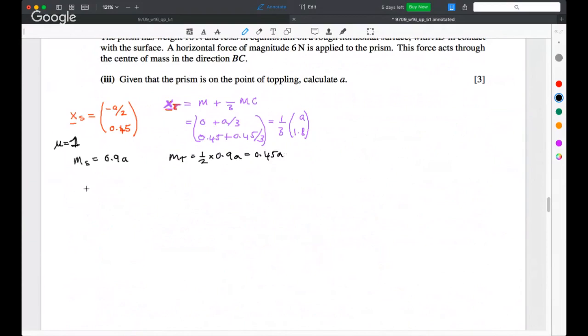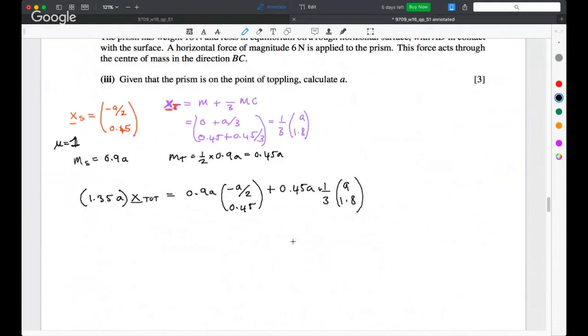And therefore we have the total mass, 0.9 plus 0.45, 1.35a, times the x coordinate of the center of mass of the whole object, which is going to be equal to 0.9a times minus a over 2, plus 0.45a times 1/3 a.